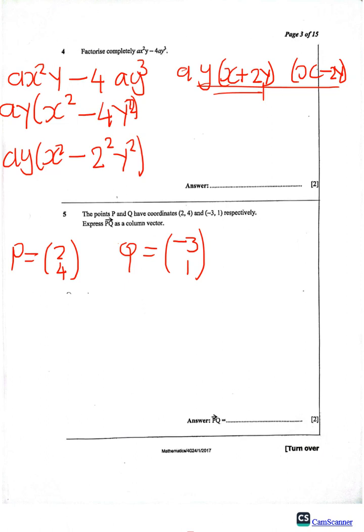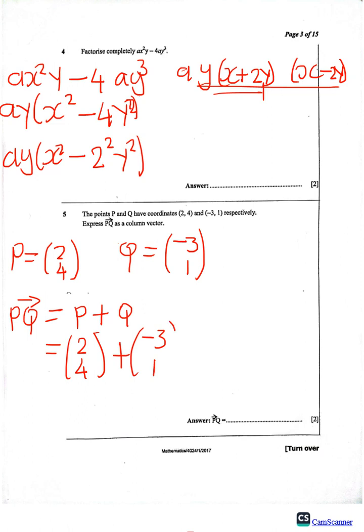For us to find PQ, we need to add the two vectors. So PQ is equal to P plus Q, the vector for P, 2, 4, plus -3, 1. Okay, so now we can proceed.